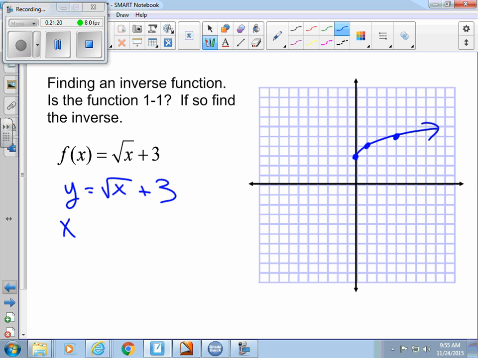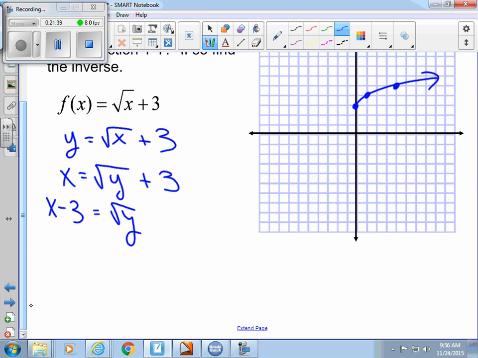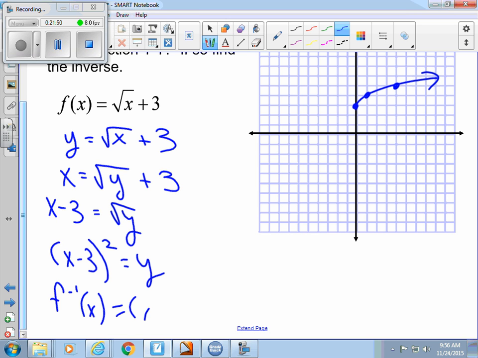Switch x and y. So x minus 3 squared equals y, or f inverse is (x minus 3) squared.